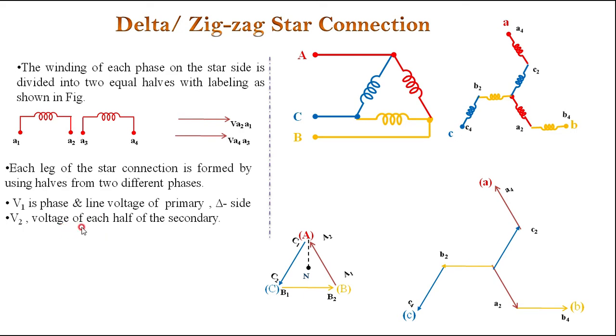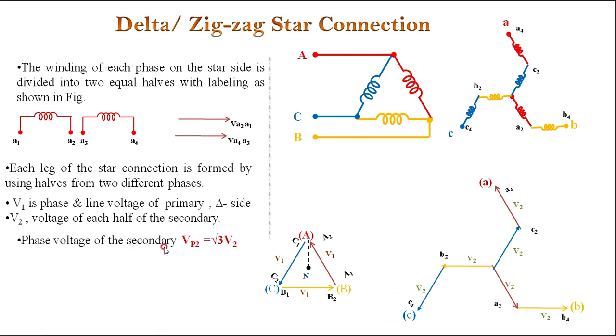V2 is the voltage across each half of the secondary winding. You can see here, this is V1, V1, V1. Here, each half is V2.